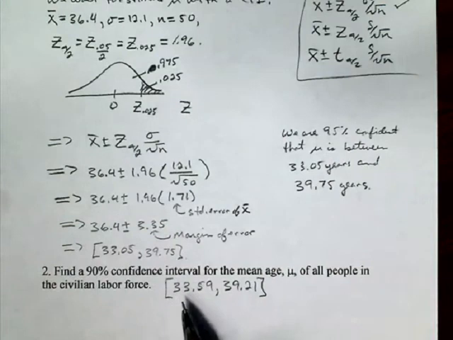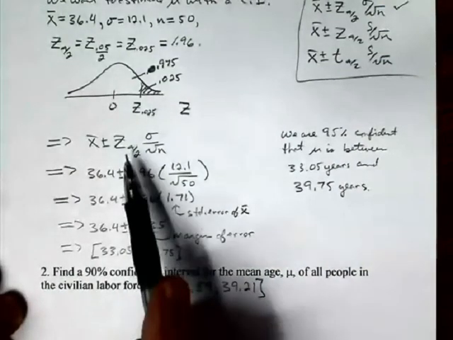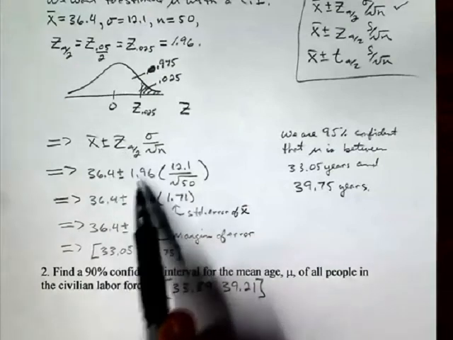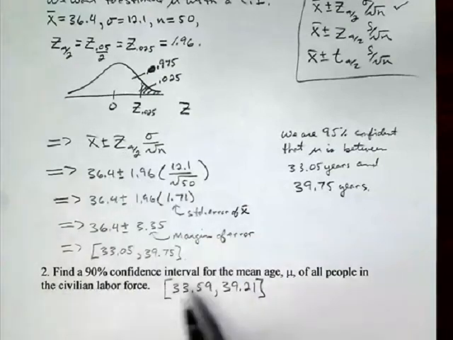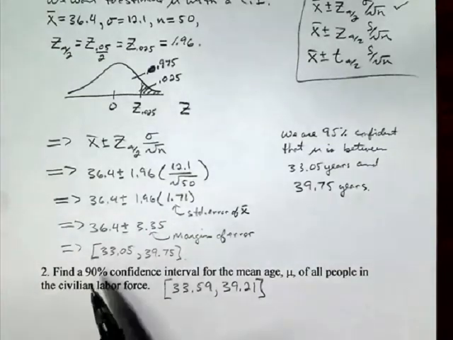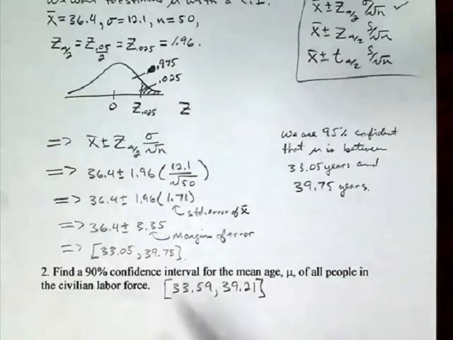One reason is that the number we would plug in for z sub alpha over 2 would be a little bit smaller than 1.96, which mathematically makes the interval more narrow. Another reason is if we relax our confidence level from 95 to 90%, then we can be more precise about where we think mu lies.